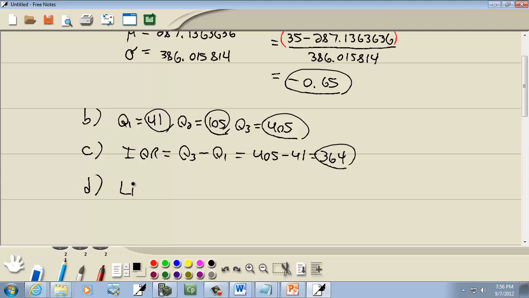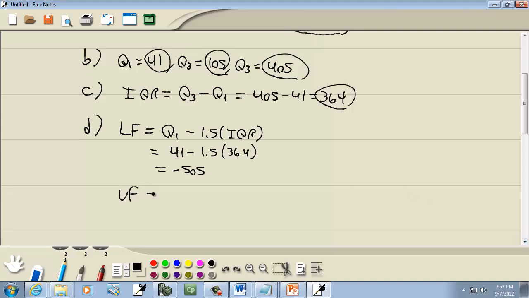Okay. So our lower fence, we're going to take Q1 minus 1.5 times IQR. So this is 41 minus 1.5 times 364. That gives us negative 505.